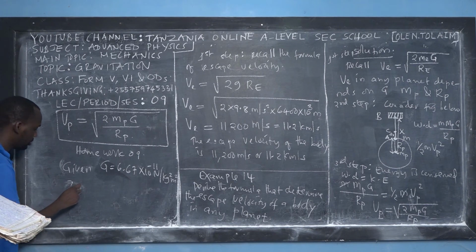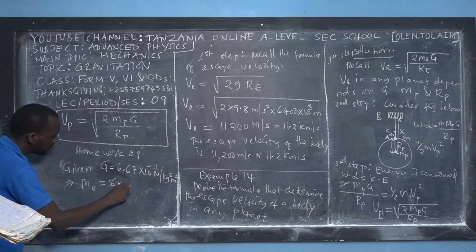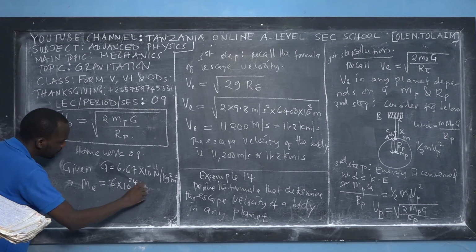Then you are given the mass of the Earth, I taught you how to derive it, it is 6 times 10 to the 24 kilograms.